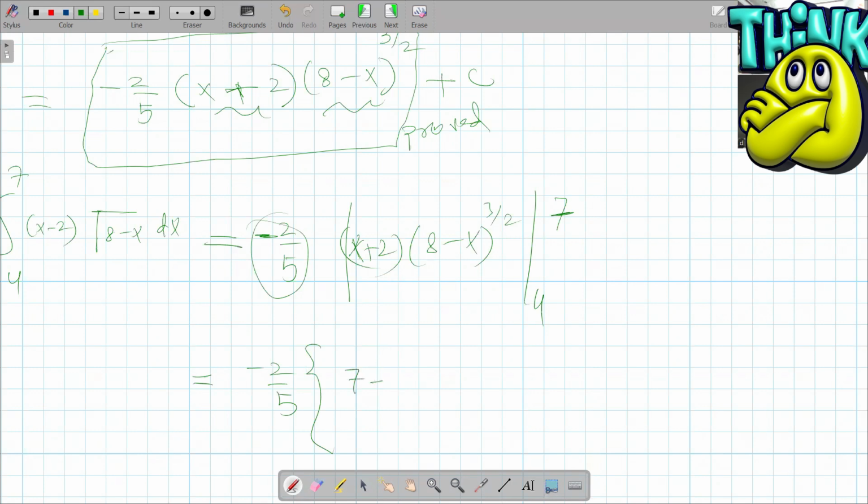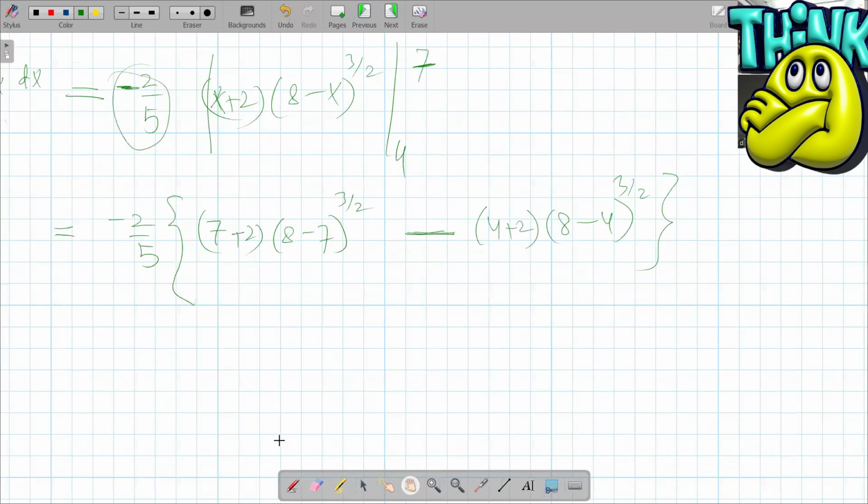So we will have 7 plus 2, 8 minus 7 power 3 over 2. And when we put 4, before that we have to give a negative sign. And 4 plus 2, 8 minus 4 power 3 over 2. That's it. Negative 2 over 5.